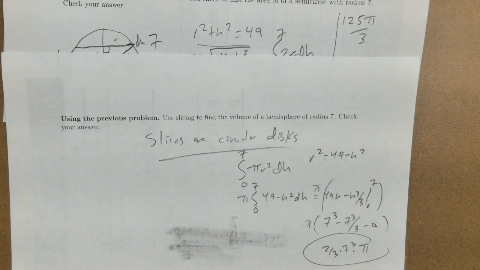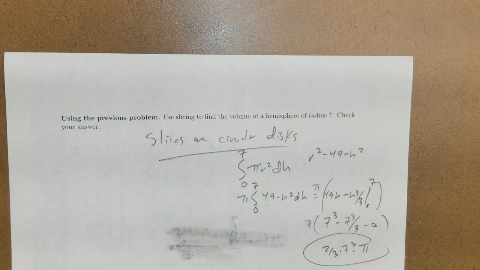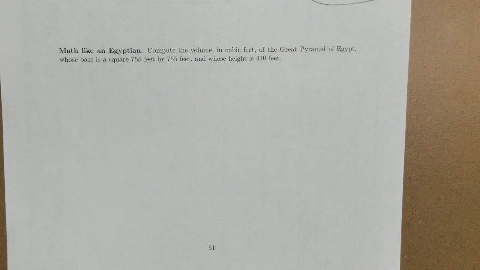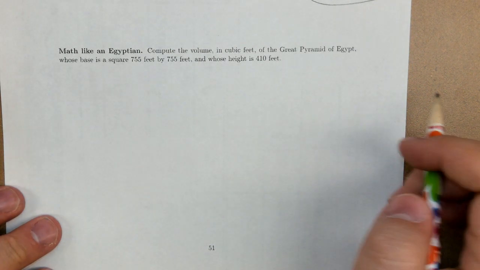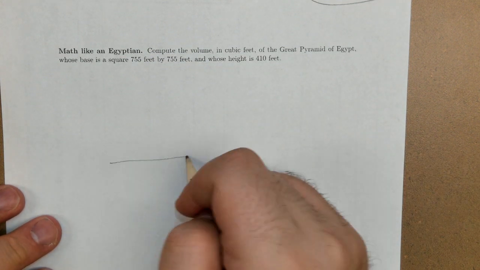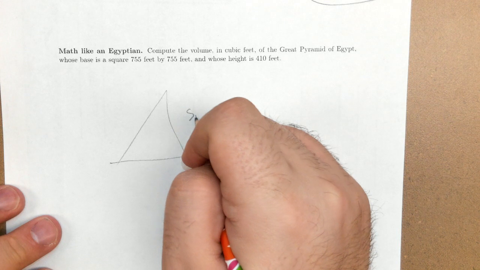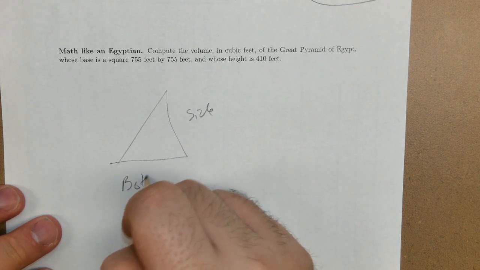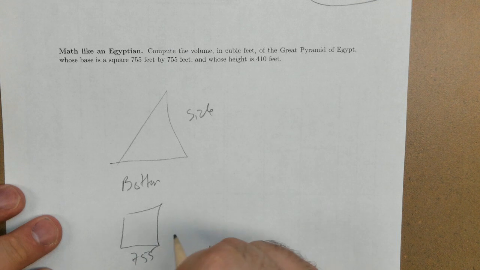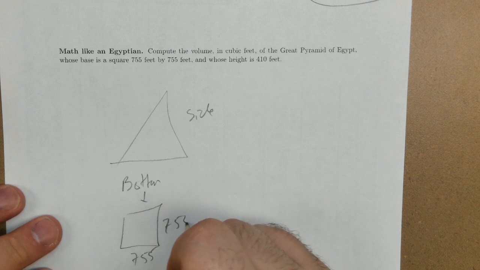All right, now we're going to do one that's a little bit off the wall and there's not any previous shape. We're going to actually do the volume of the Great Pyramid of Egypt. Okay, so that shape is a square pyramid, so you have triangles on the side, but this is the side, but the bottom is a square, right? 755 by 755.